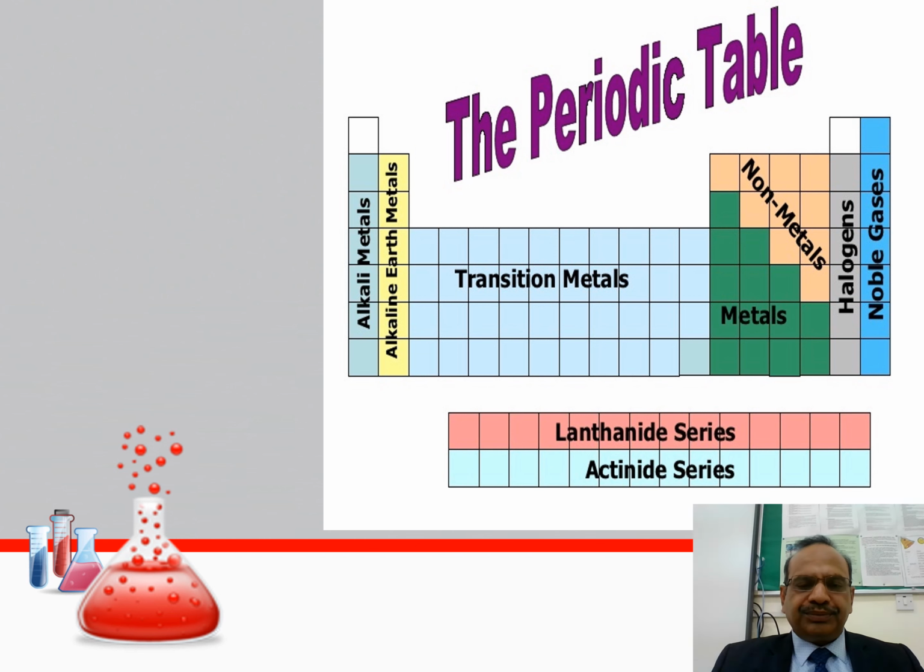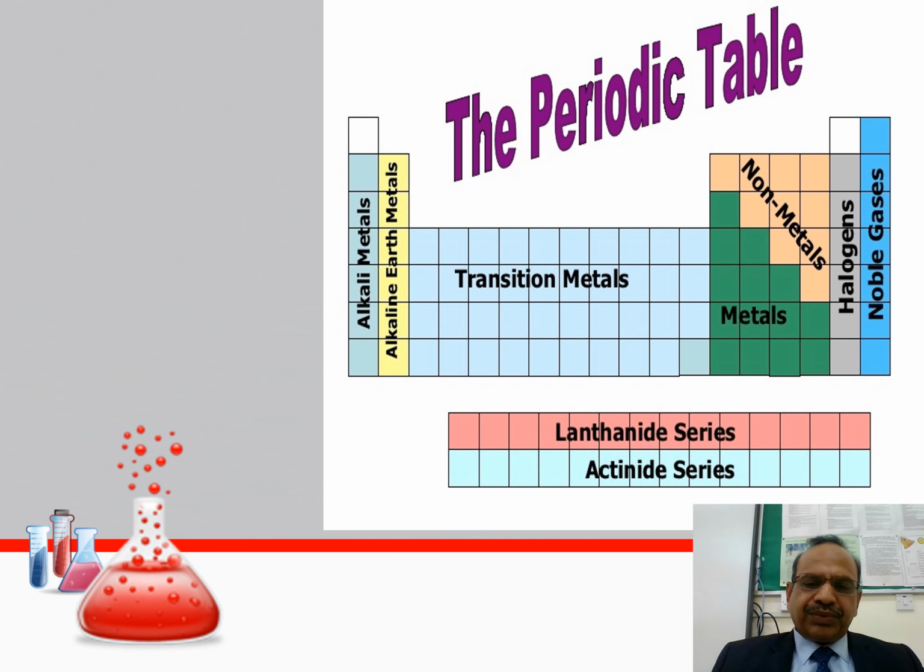This first group is the alkali metals, then the alkaline earth metals, and in the middle the transition metals, which are also metals. Above are the non-metals. The seventh group is the halogens, and at last, the eighth group, these are the noble gases.